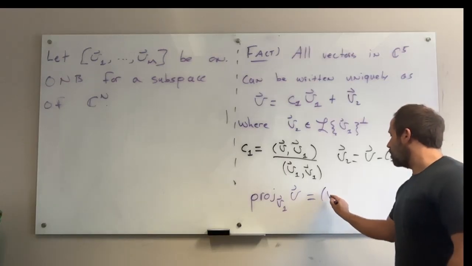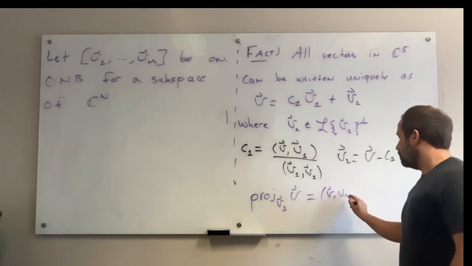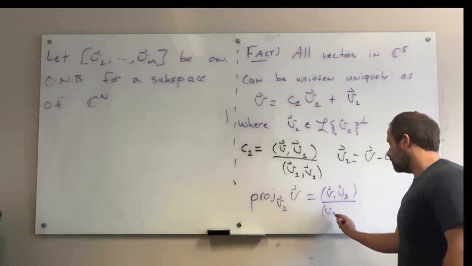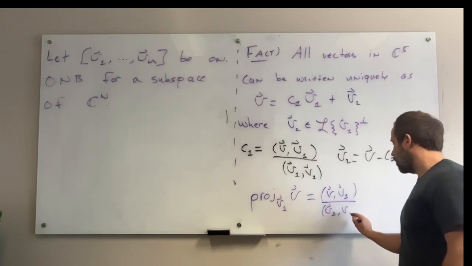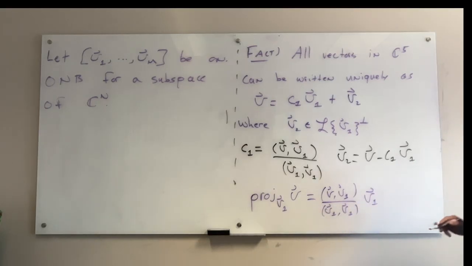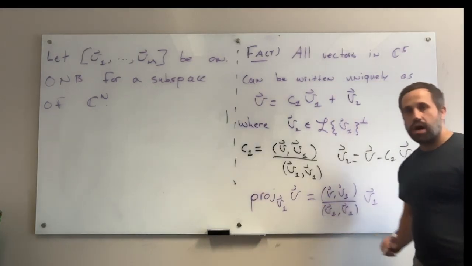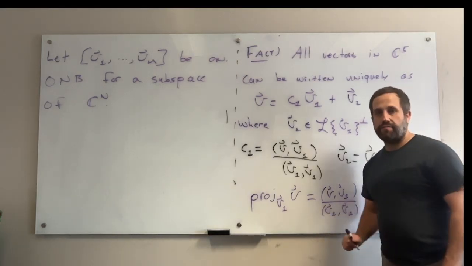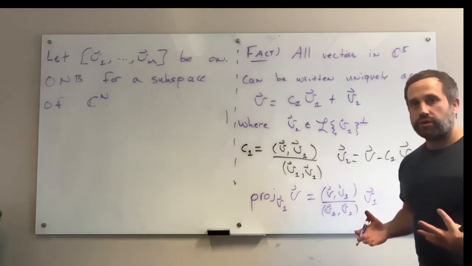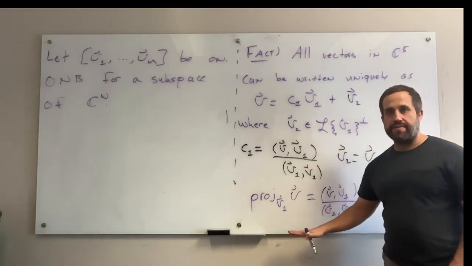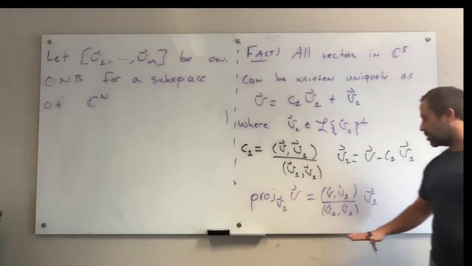This is equal to the inner product of V, V1 over the inner product of V1, V1, and then times V1. So this is the projection of a vector onto the space spanned by V1. And geometrically, as you remember from your linear algebra class, this is the vector in the linear span of V1 that is closest to V.